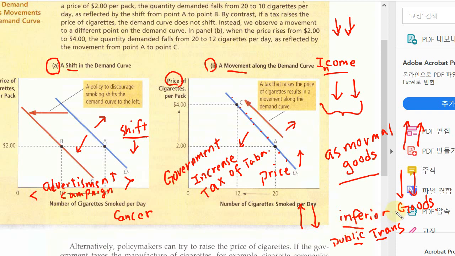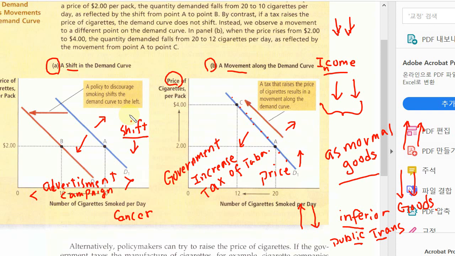Okay, inferior goods. As an inferior goods example, I show you public transportation. You don't want to use the subway, and you don't want to use the bus, the public transportation, because you have much money.